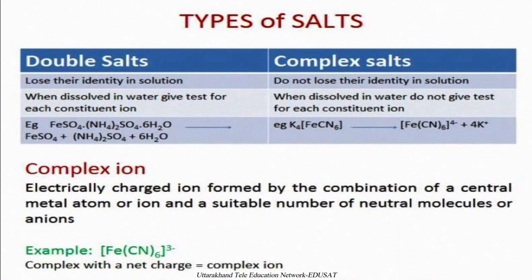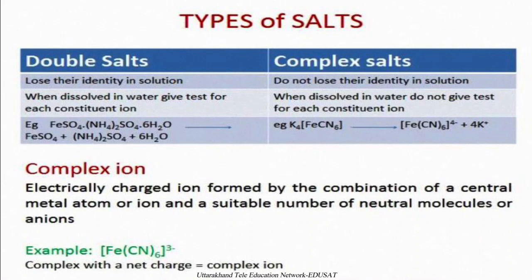What is a complex ion? An electrically charged ion formed by the combination of a central metal atom or ion and a suitable number of neutral molecules or anions. For example, ferrous hexacyano compound, in which the complex carries a net charge, is a complex ion.